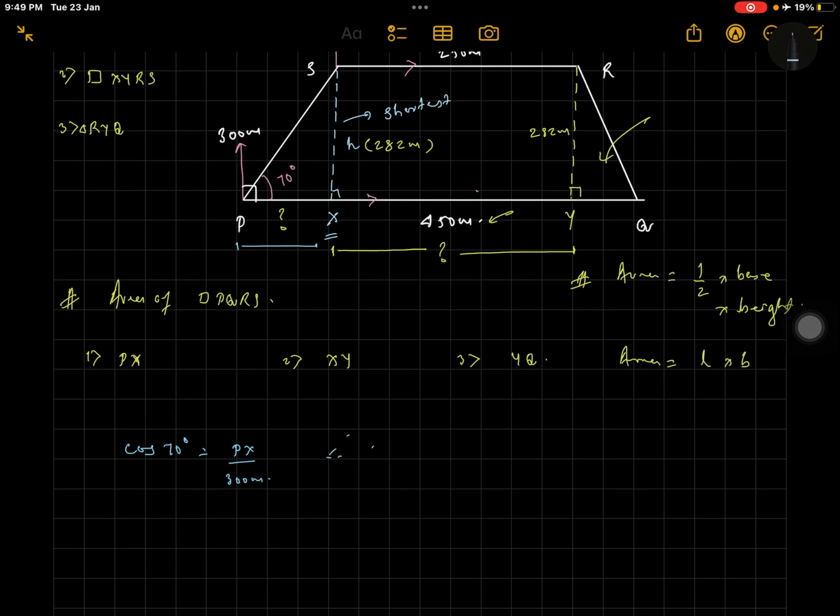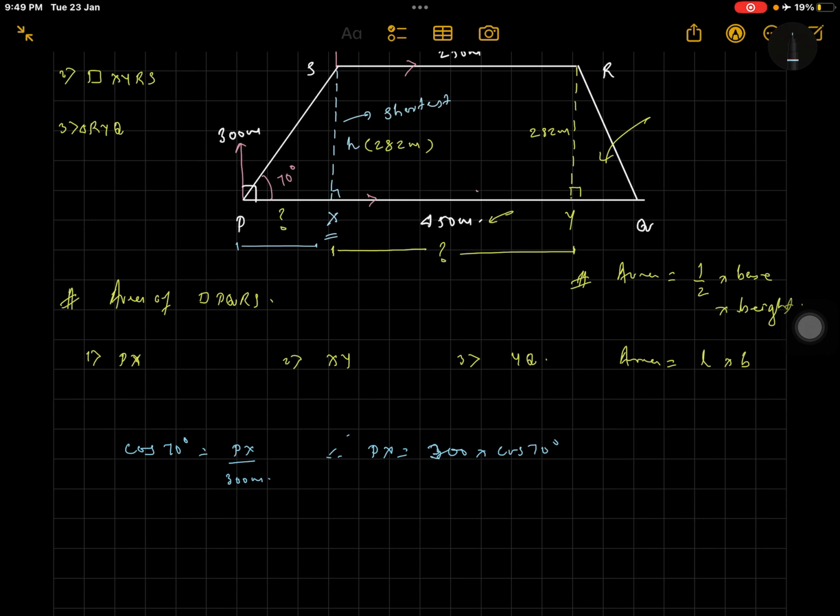Therefore, PX would be equal to 300 times, pardon my handwriting over there, cos of 70 degrees. Use a calculator to find that.